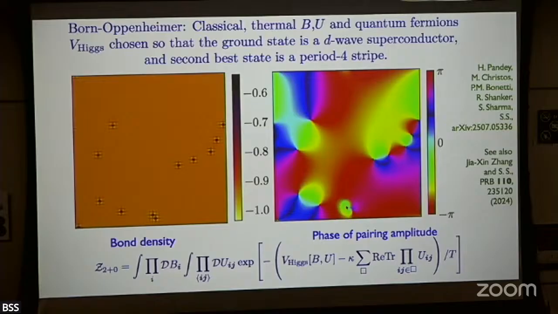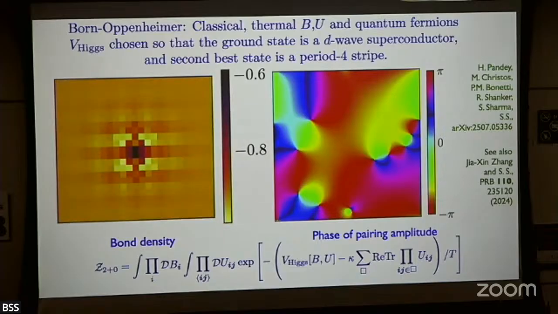These are vortices and anti-vortices, as you can see, and they have to be paired up. Now if you look at the bond variables, the bond density, which is the S_i dot S_j expectation value on nearest neighbor sites, you see these modulations. If I zoom into one vortex, this is what it looks like. This is a modulation in the density with period 4.